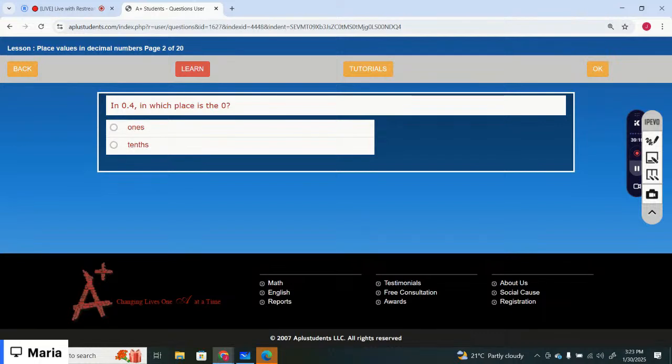Which digit is the zero? Zero is at the ones place. Option number 1 is the correct option.